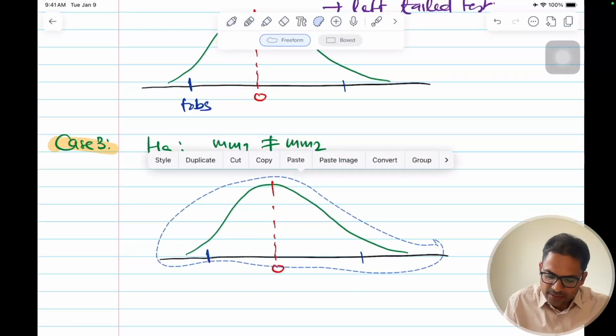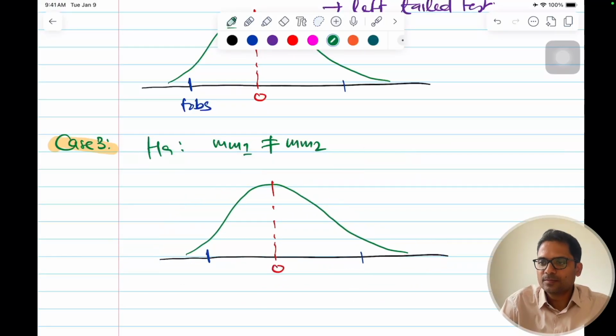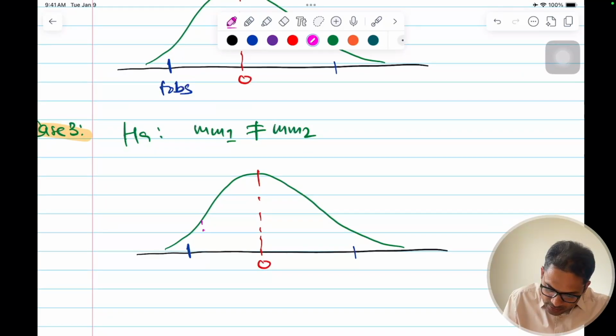I'll have some significance level, alpha. For example, this is my t alpha by 2 on the right side, and for the left side, I'll give another number. This is t1 and this is t2.